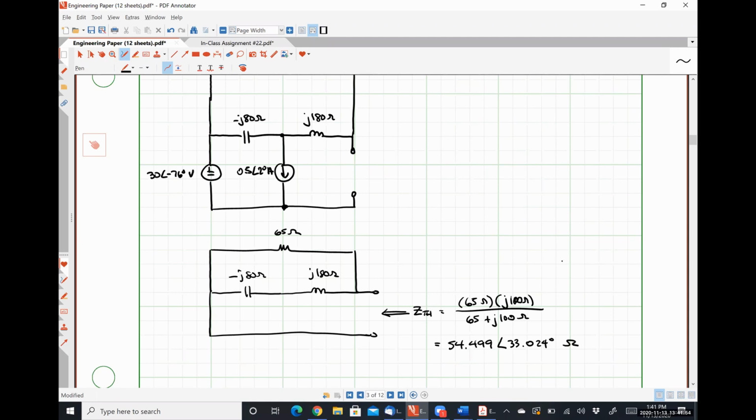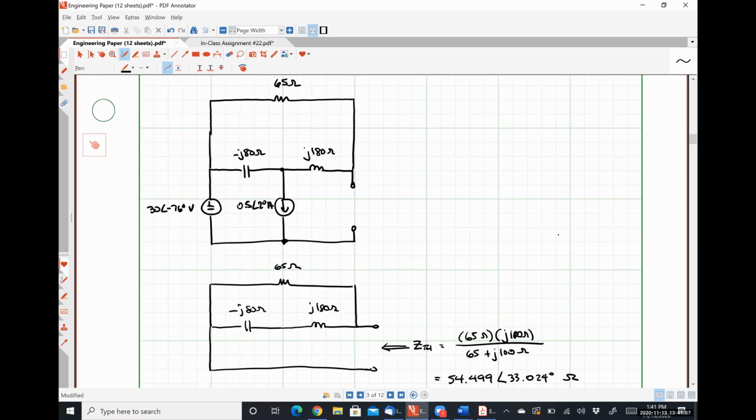All right, so the impedance is knocked out of the way, so we can have the Thevenin and/or the Norton equivalent circuit by solving for V Thevenin or I Norton now.